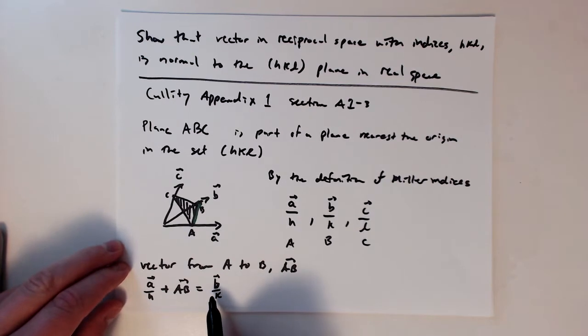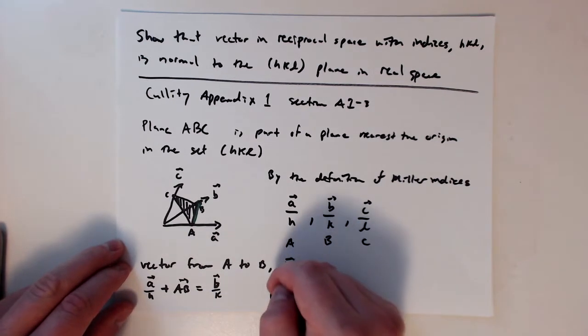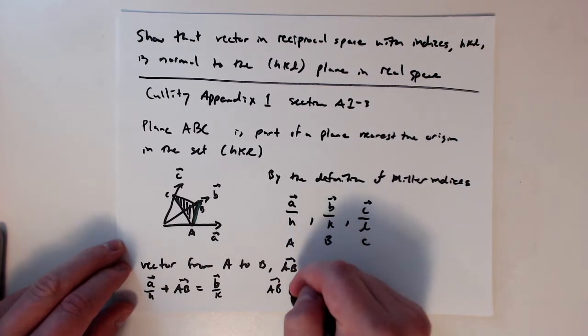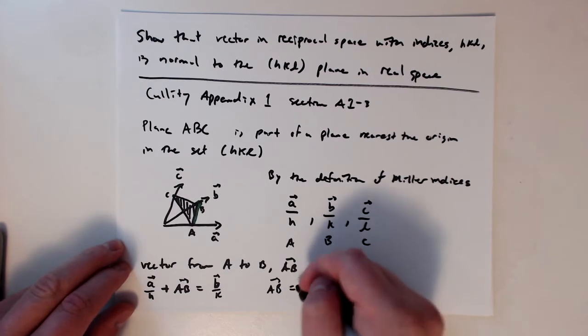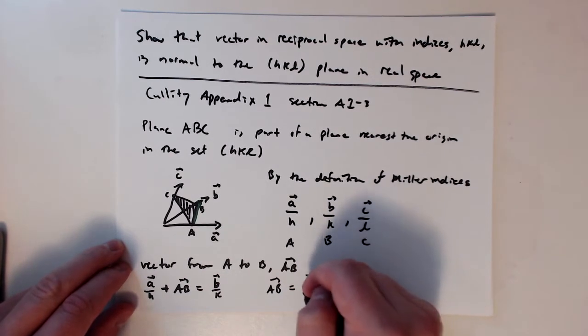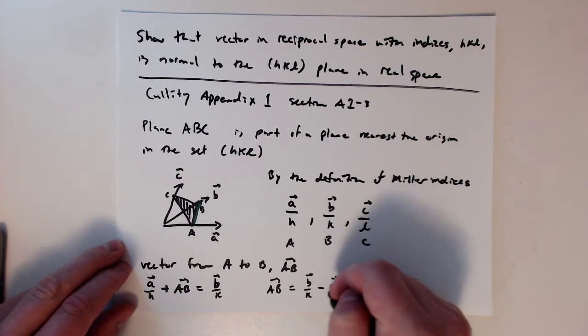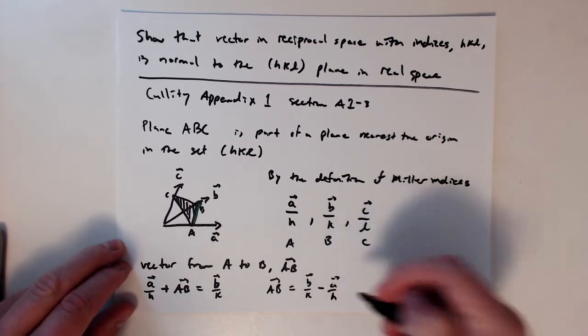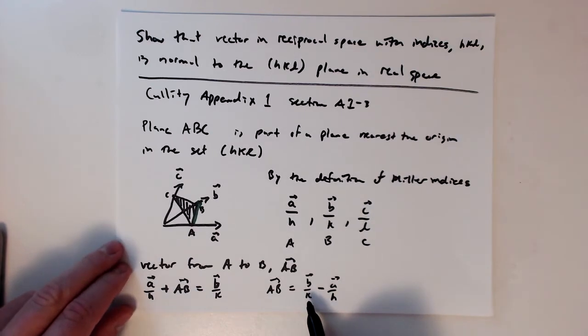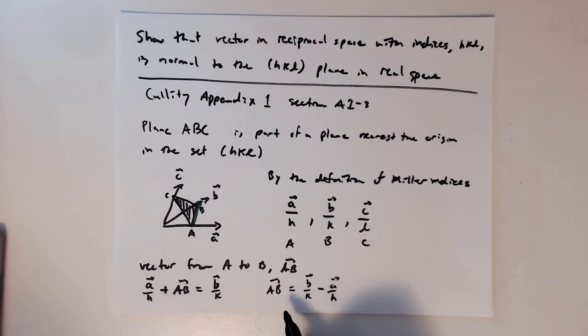Nothing crazy there. But we can rearrange it to solve for the vector AB, and that is the B point minus the A point. This is just telling us the final point minus the starting point gives us the vector AB, right? That's all this is.